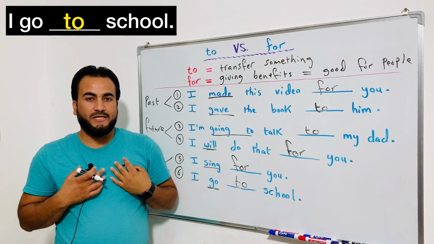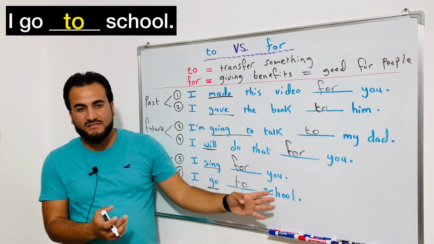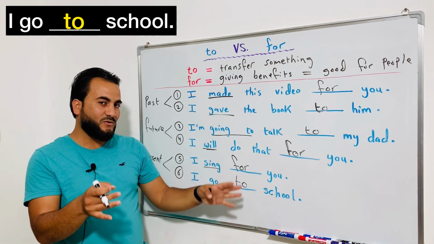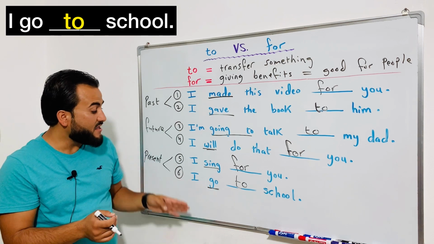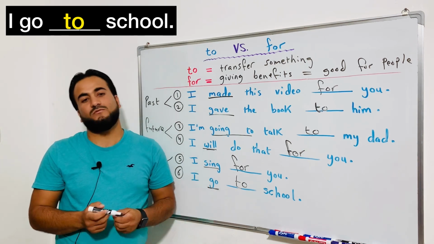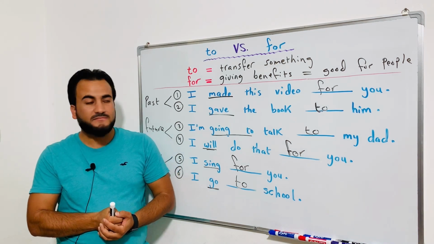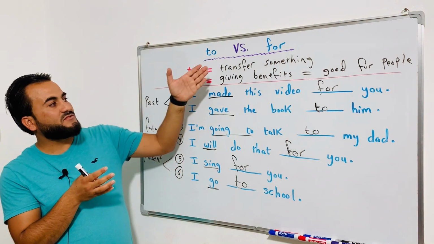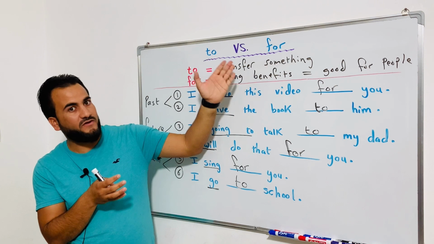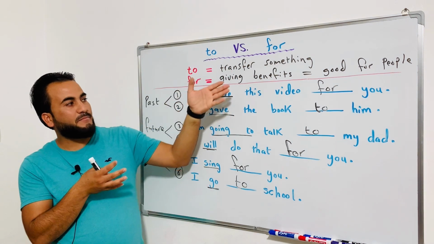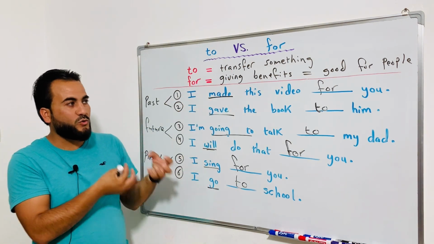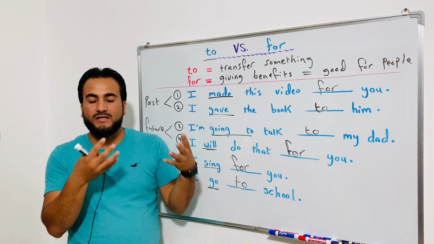I go to school. إذن أنا اللي بدي أنتقل إلى المدرسة أو أي مكان. Okay, very nice. Then here the answer is to. Okay? Very nice. إذن نستخدم to transfer something. Transfer. For giving benefits معناها بيكون شيء كويس للناس أو إلك.